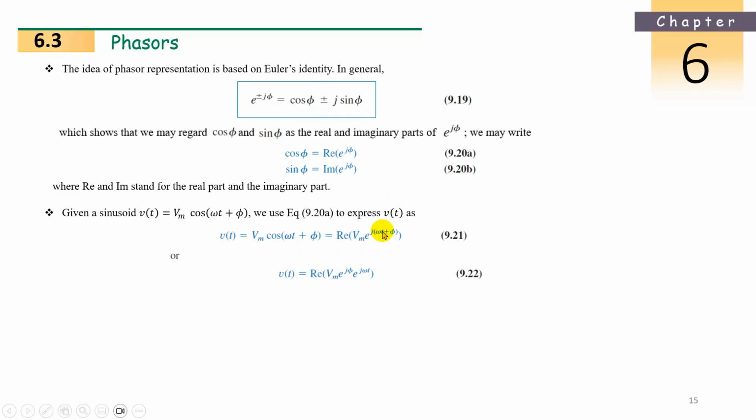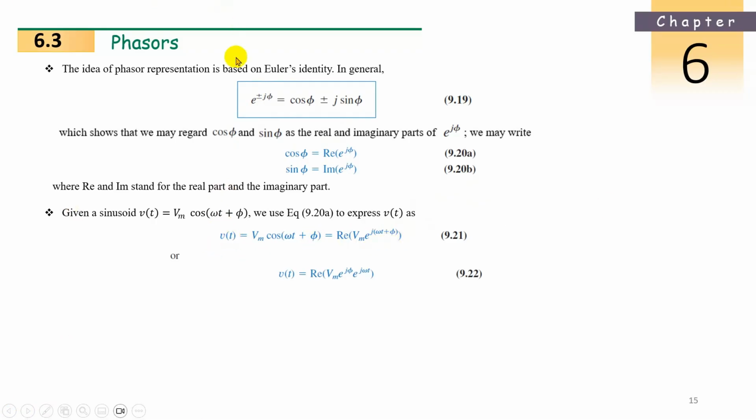Cos is the real part, so that's why I have to use the real part. Vm as it is will go inside, no problem. But cos(omega t plus phi) I can write in this e power format, plus or minus j phi, so e power of j(omega t plus phi), as per the equation.